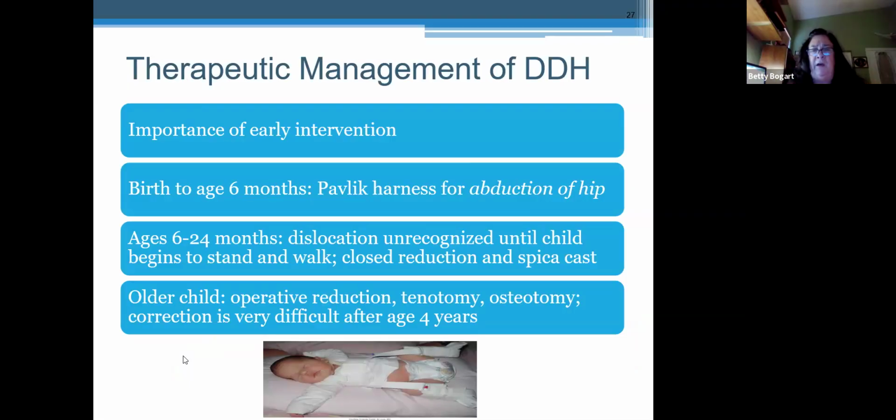We're going to put on what we call a Pavlik harness. The Pavlik harness abducts the hip and pushes that hip joint socket back into the joint. Okay. And this is just a device that straps on. It's on 23 hours a day. You only take it off to bathe the child.